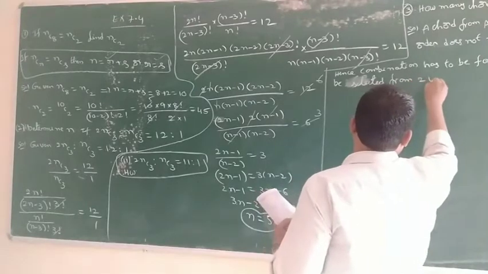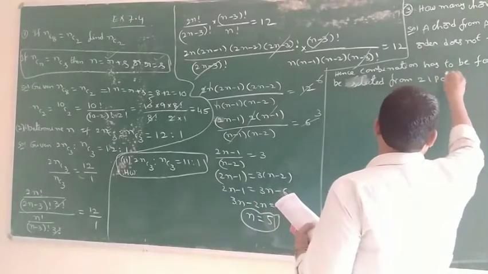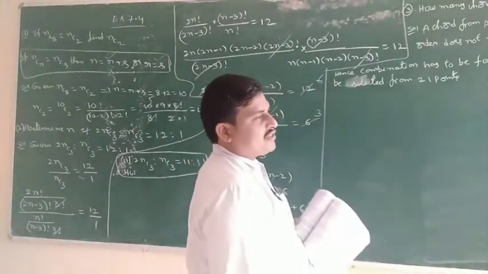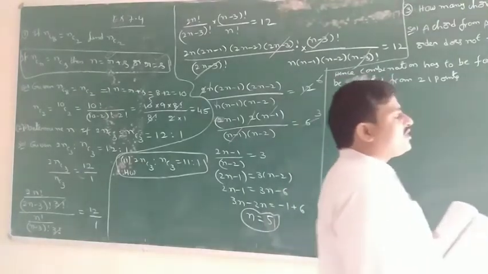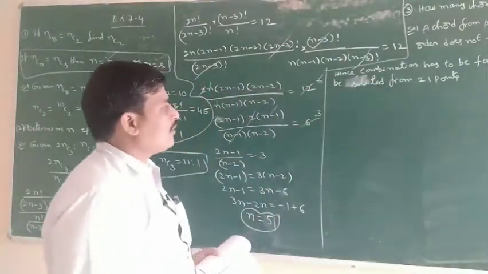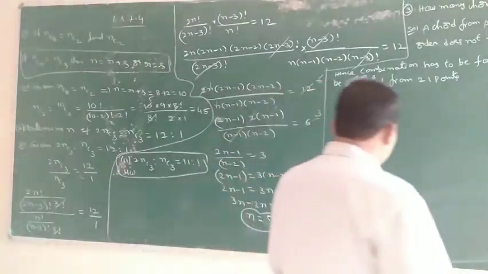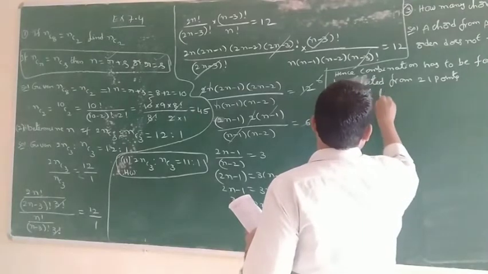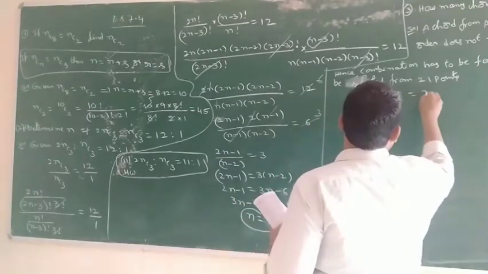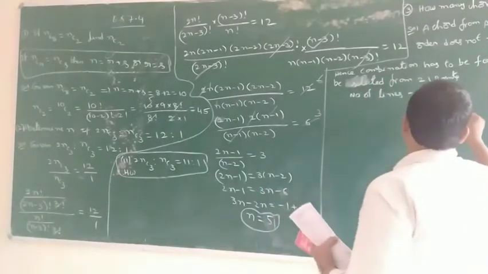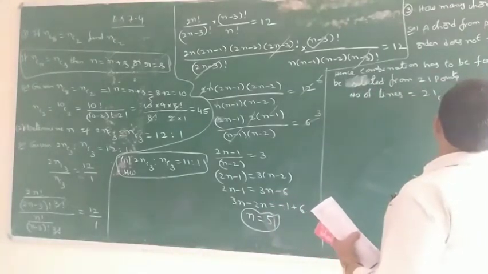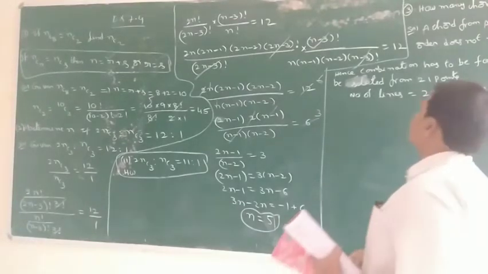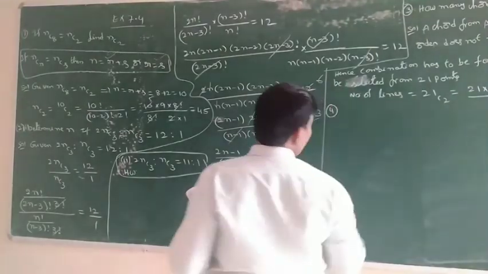So a chord is nothing but passing through any 2 points on the circle. So one chord is nothing but 2 points. So 2 points are selected from 21 points, so 21C2. Therefore number of lines is equal to 21C2. 21C2 is equal to 21 into 20 by 2, so 210. Okay, clear.